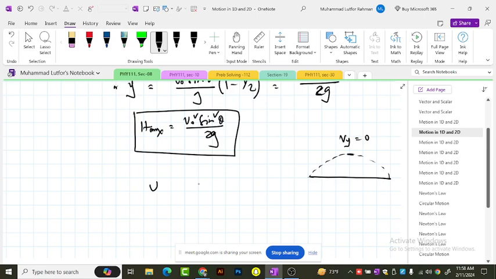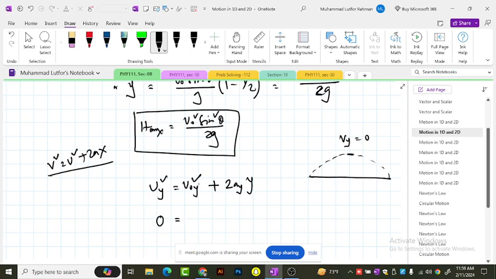Then I'll write in this equation Vy squared equals V naught y squared plus 2 ay, or g, into y. I'm using v squared equal to u squared plus 2ax, which is for the x direction, but now I'm writing it for the y direction. Vy is actually the final velocity, that is 0.